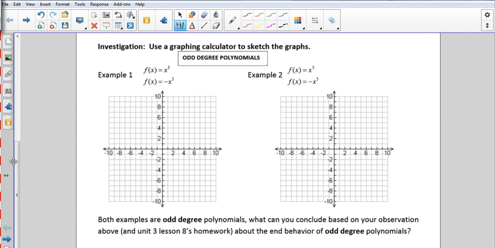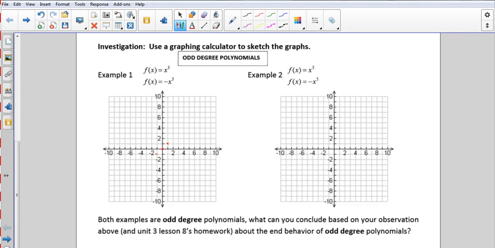If you type in y equals x cubed, now most numbers would be off your chart here, but we would get 1, 1, 0, 0, and negative 1, negative 1.